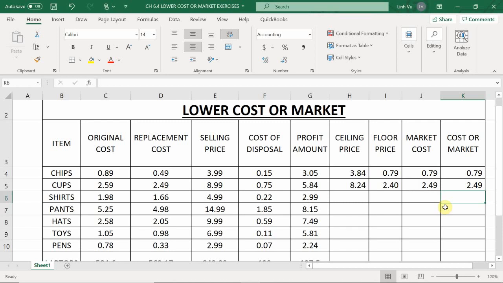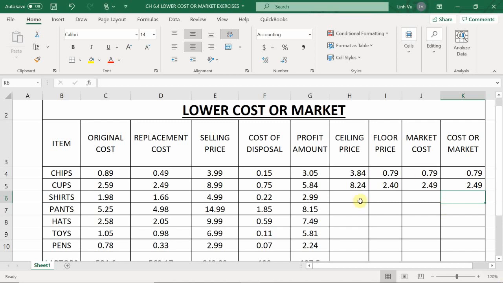Maybe due to the materials, it's no longer produced anymore. So now it's worth $1.66. Okay, or maybe that T-shirt design is out of style now, so it's worth now $1.66. Okay. Now we sell these shirts for $4.99. To dispose those shirts is going to cost us 22 cents, and we want to earn at least $2.99 for profit for each shirt.